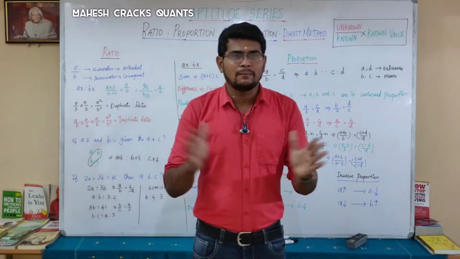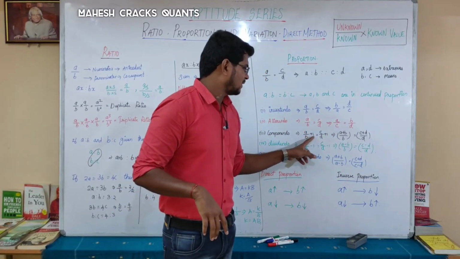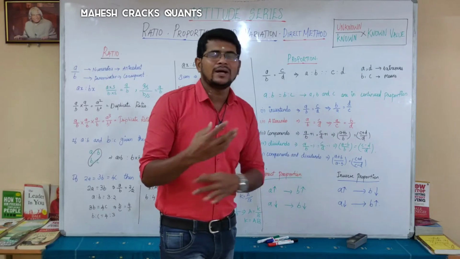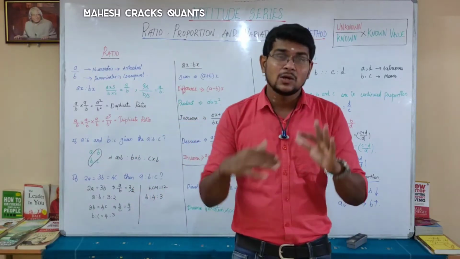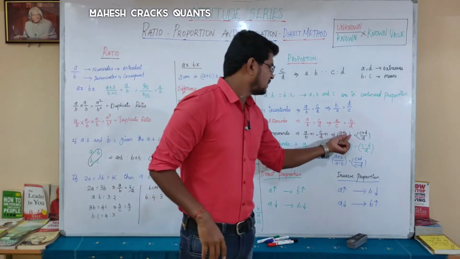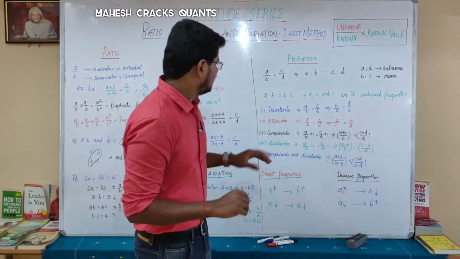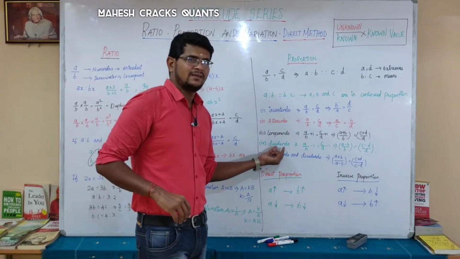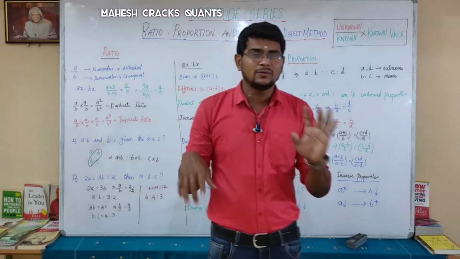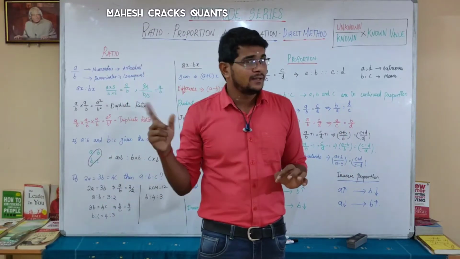Next, componendo means combining, adding. So, A by B plus 1, C by D plus 1. When you add 1 to both sides, what you will get is componendo: A plus B by B is equal to C plus D by D. Done. Next, dividendo is nothing but subtracting 1 from both sides. A by B minus 1 and C by D minus 1.